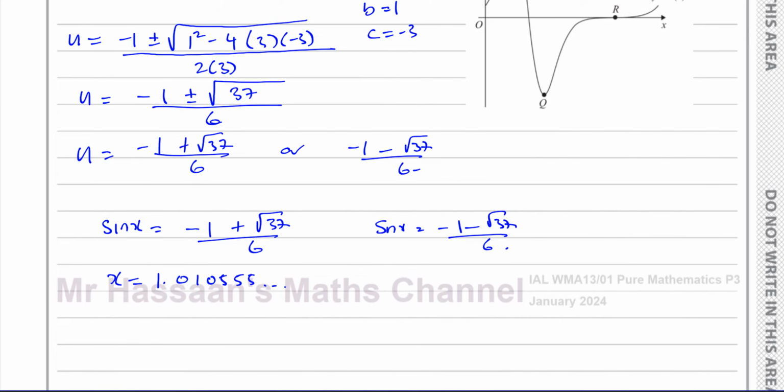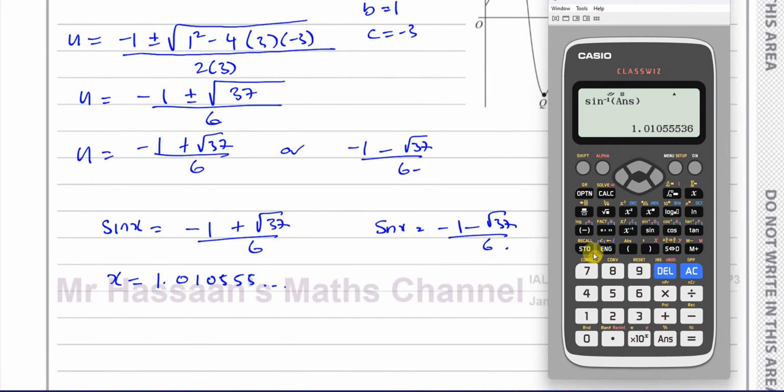Let's see what happens to the other one. I'm going to store this answer as b so I've got that answer if I need to use it. But let me go back and change this to a minus sign. And I'm going to press inverse sine of this.